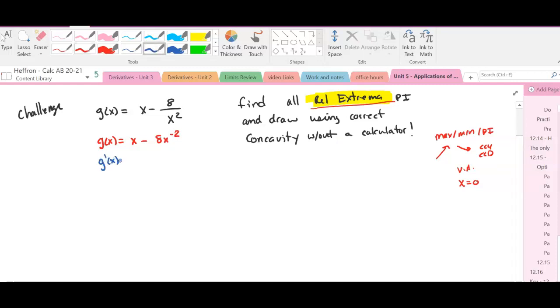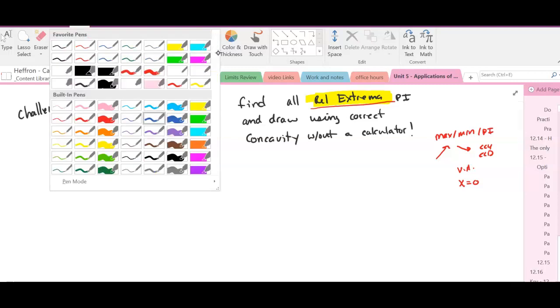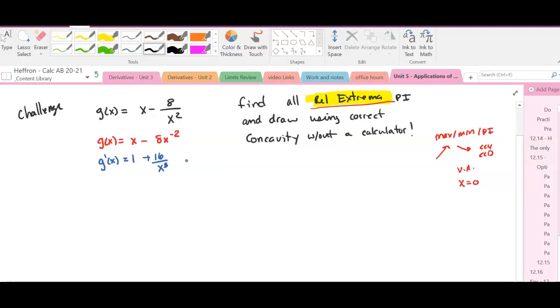Making g prime of x 1 plus 16 over x cubed. I'm just going to take the second derivative while I'm at it. This is also 16x to the negative 3. Those are the same. So my second derivative will be, well, the derivative of 1 is 0.